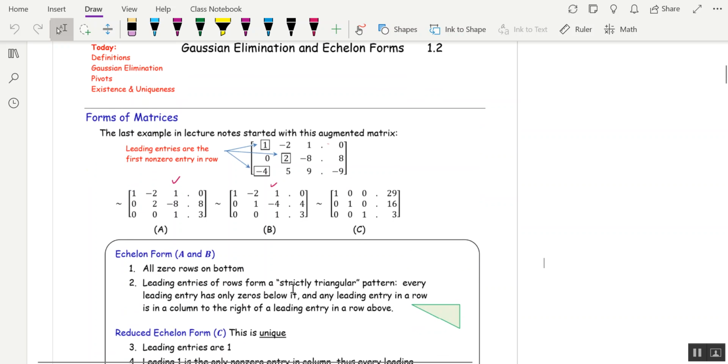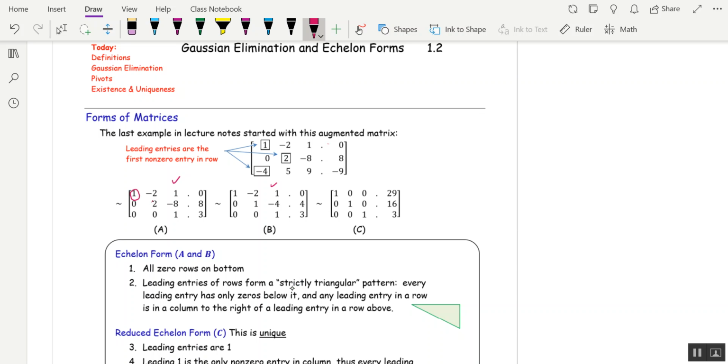So a matrix is in echelon form if there are any zero rows, they're at the bottom. Now this matrix had no zero rows, but if there had been any, they would be at the bottom. And then the leading entries, which are the first non-zero entries of each row, form a triangular pattern, meaning they've got zeros below them.